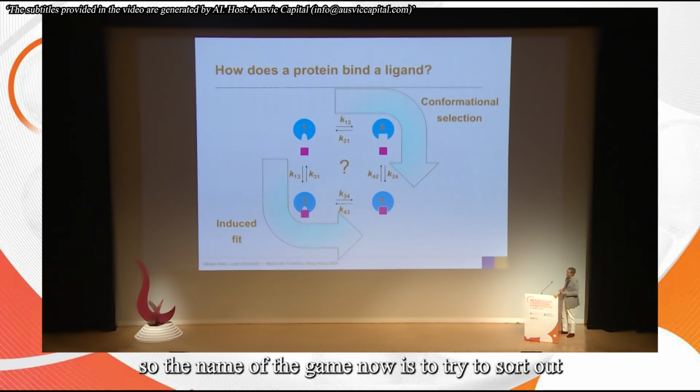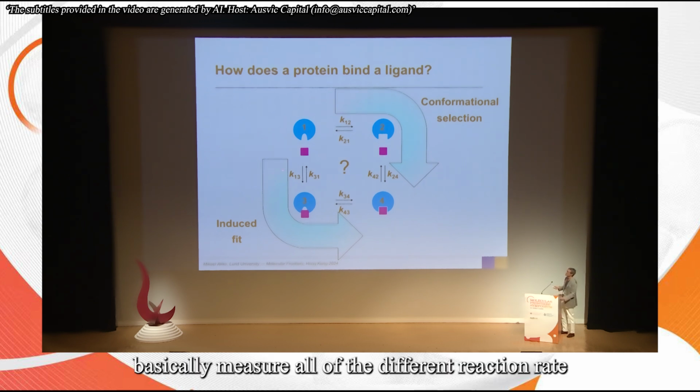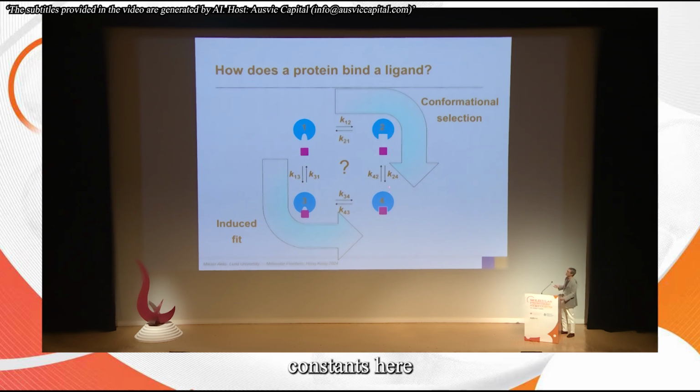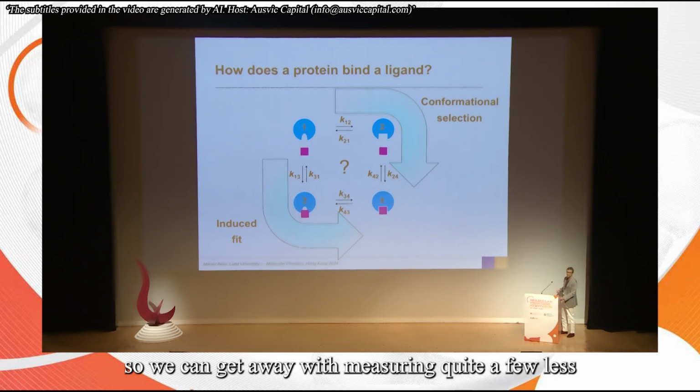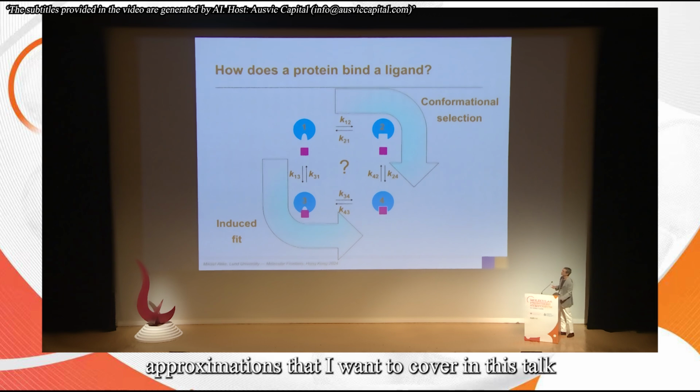So the name of the game now is to try to sort out which way a ligand binds, which is to basically measure all of the different reaction rate constants here. And when you look at it, I'm sure you realize we don't have to measure all of them because it's a cycle, so we can get away with measuring quite a few less. Also you can invoke a few approximations that I won't cover in this talk.